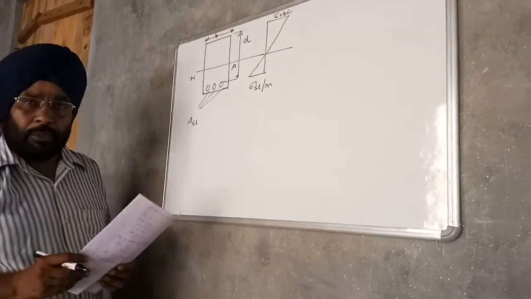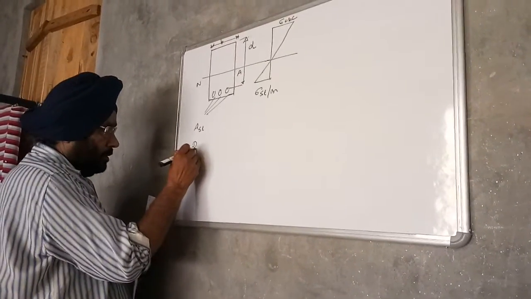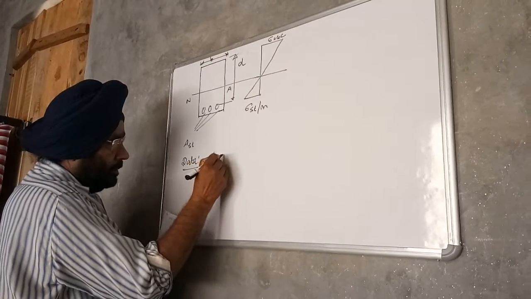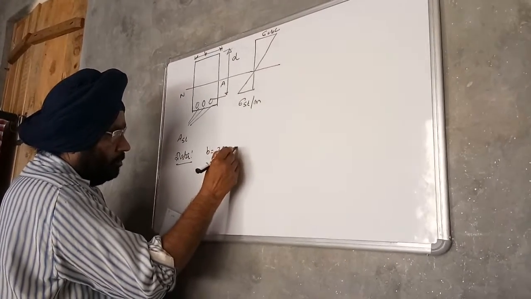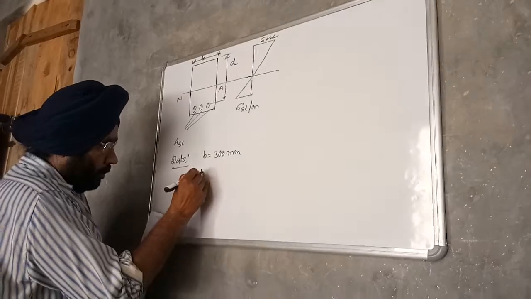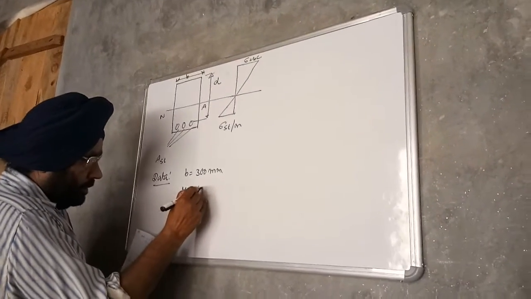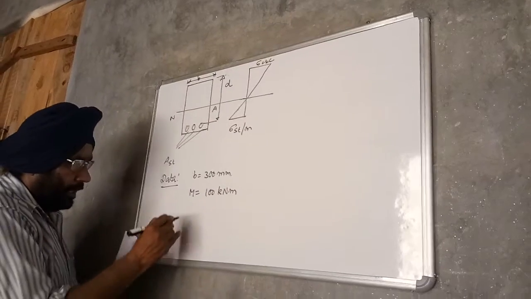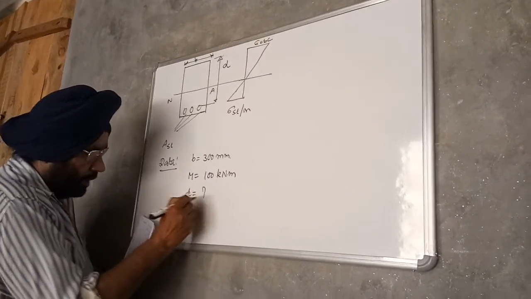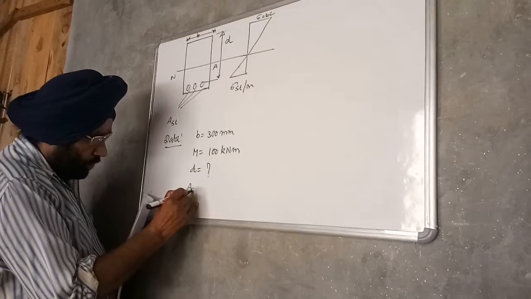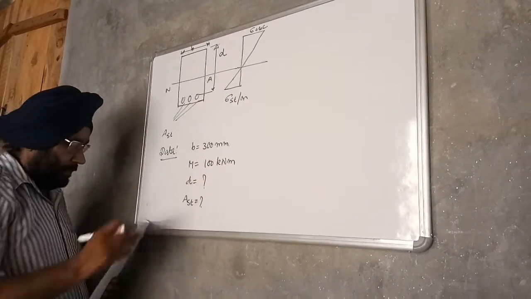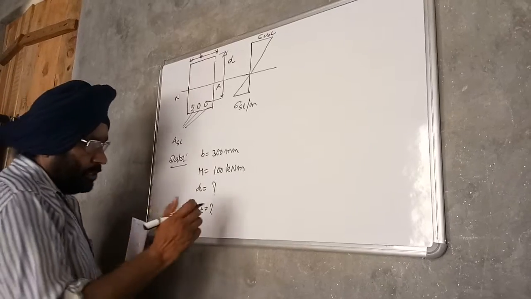So data given to us: width of the beam section is 300 millimeter and bending moment, its value is 100 kilonewton meter, and we have to calculate effective depth D and cross sectional area of the steel in tension, AST.